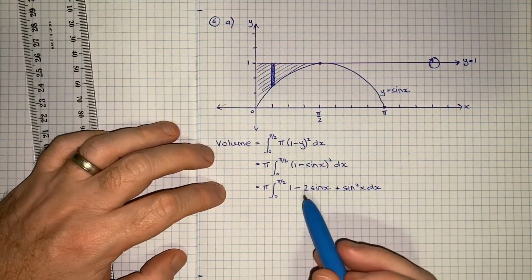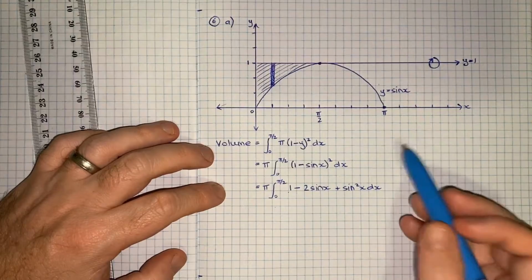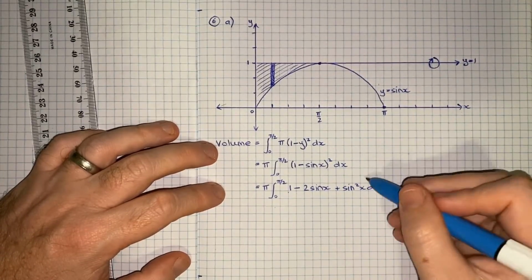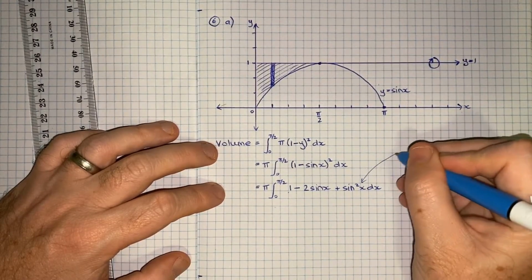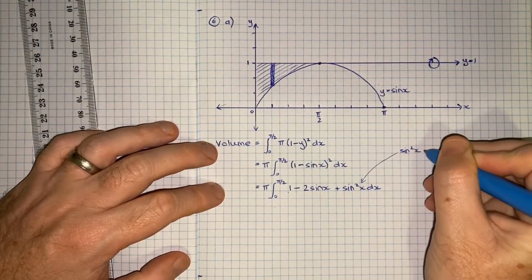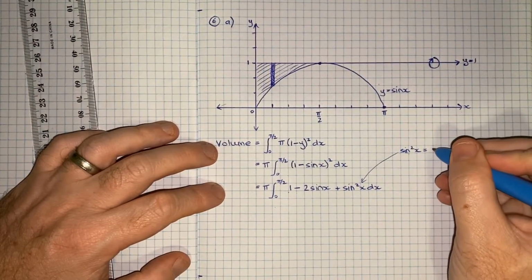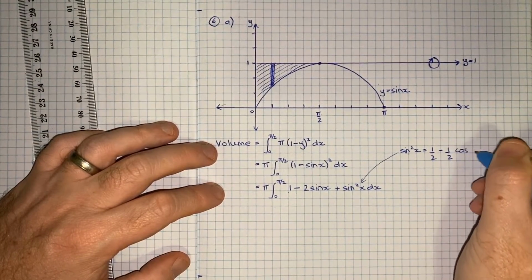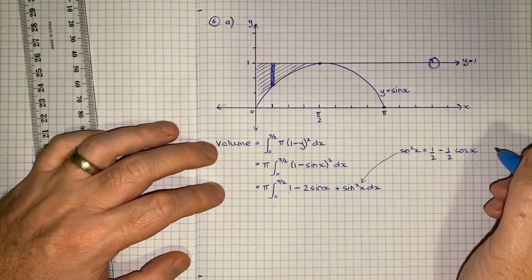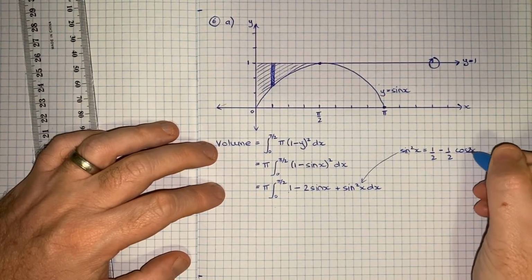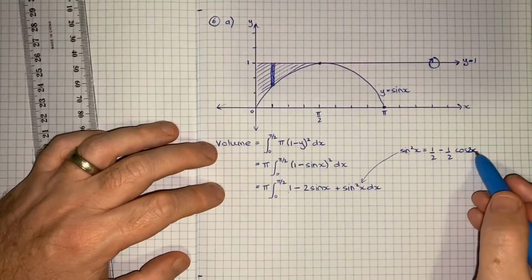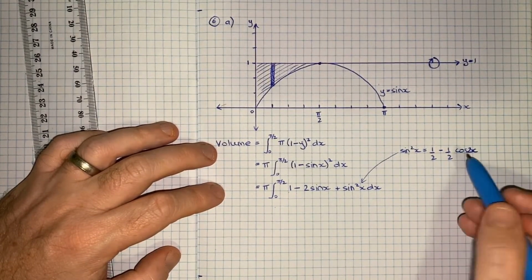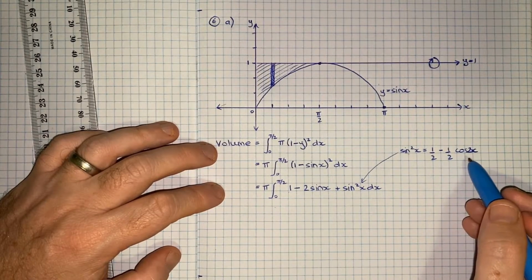And now I can integrate each of these bits, and the only thing worth noting in terms of integrating sine squared x is that one of our identities, the identity for cos 2x, gives us sine squared x is a half minus a half cos 2x, and that's going to be a bit easier to integrate.